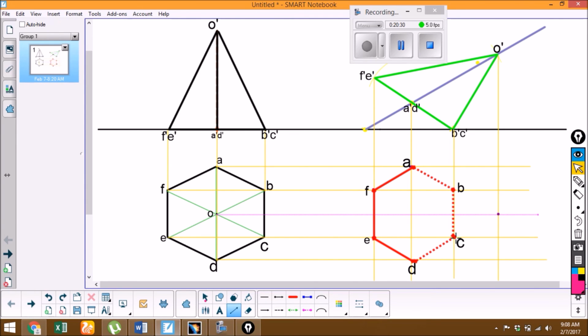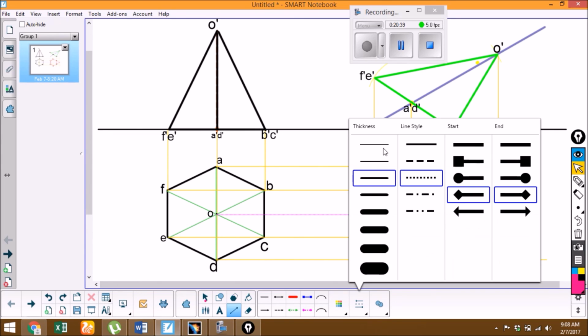Now we need to join all these corners with respect to the apex, like this.